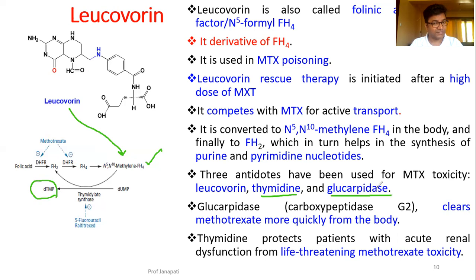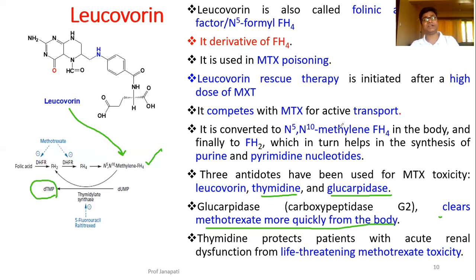Glucarpidase is a drug which takes methotrexate out of our body. It binds to methotrexate and clears it by the urine. And thymidine is also an important one which protects from renal dysfunction.